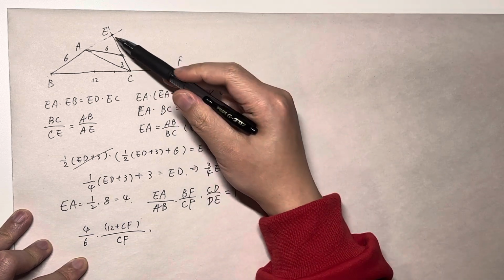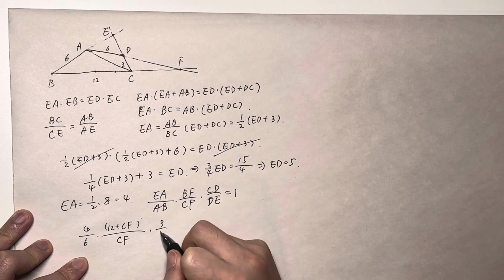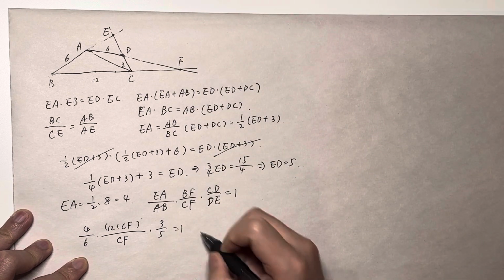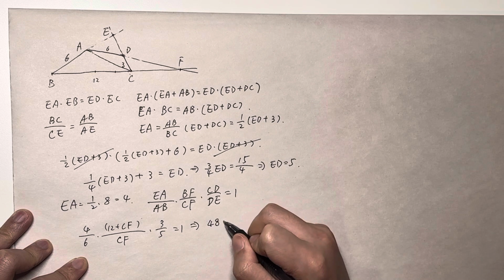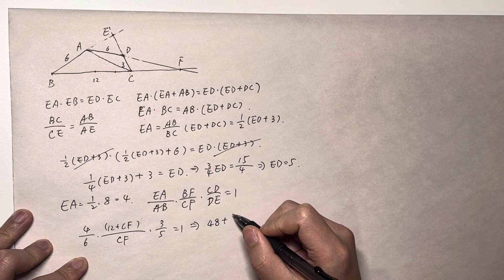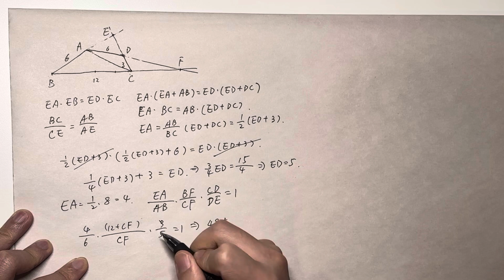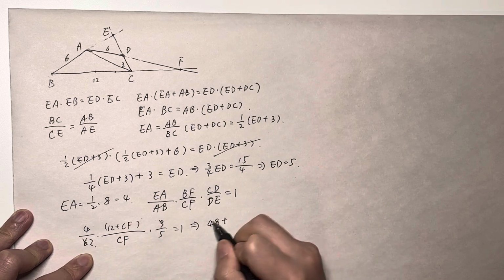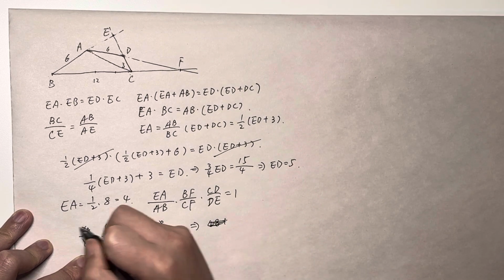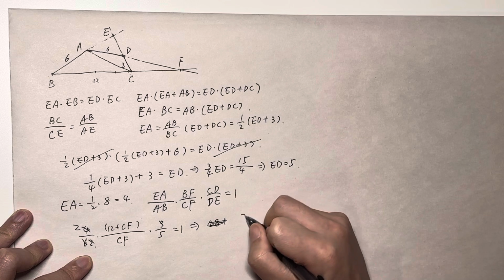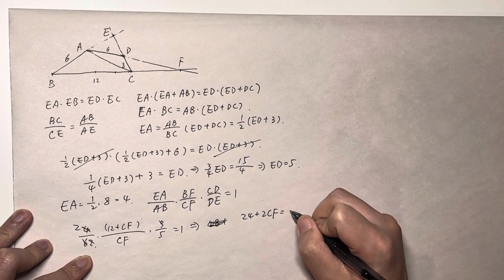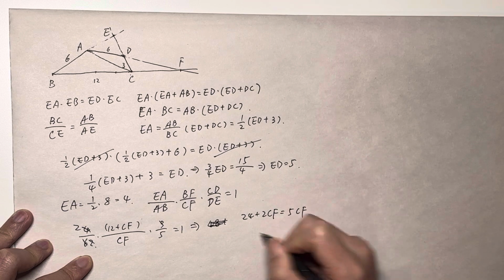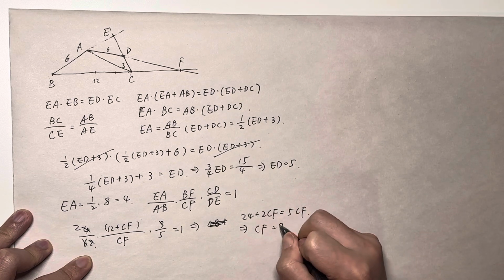CD is 3 and DE is 5, so 3 to 5 equals 1, which means 48 plus... so let's just simplify this one. So 24 plus 2CF equals 5CF. So we know that CF equals 8.